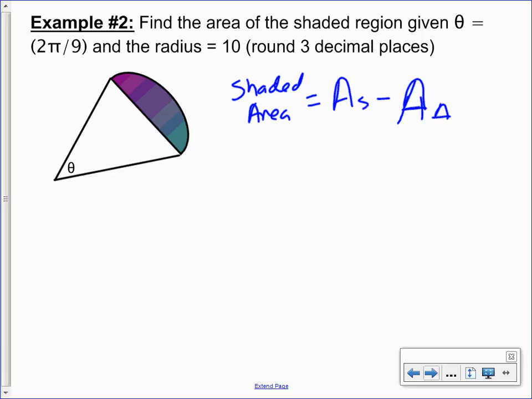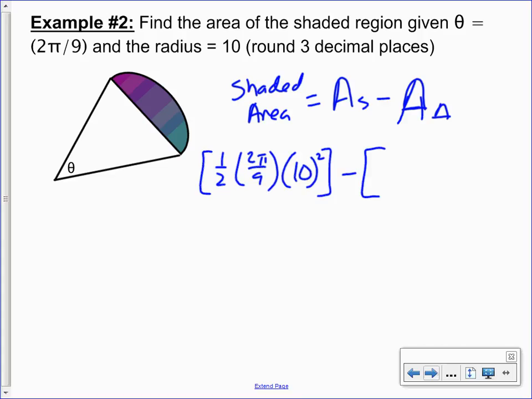Okay. So using our formula, area of a sector is half theta times r squared. So half, we know our theta is 2 pi over 9, times 10 squared.